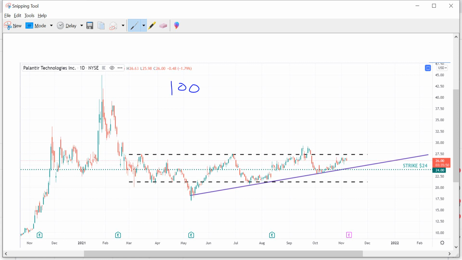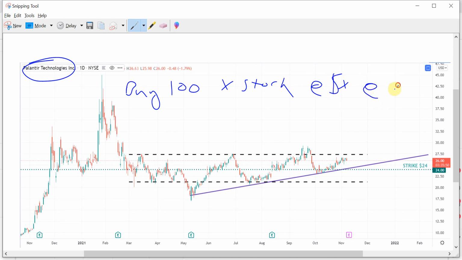So you're willing to buy 100 shares of X stock. So in this example, it's Palantir Technologies at X price at X date in the future.